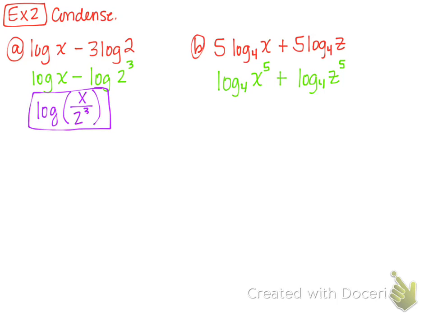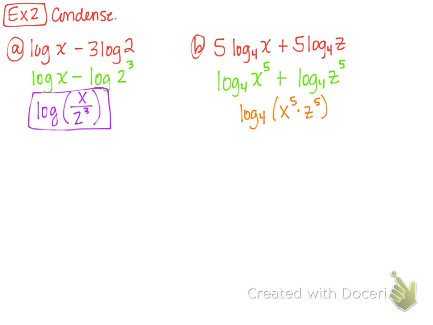Now, what we have here is an addition sign, which means that we're going to use the product property. So we're going to have a single log base 4, and this time we're going to multiply inside of it x to the 5th times z to the 5th. Now, although we've already condensed that to one logarithm, this wouldn't be incorrect. It's actually 100% correct.